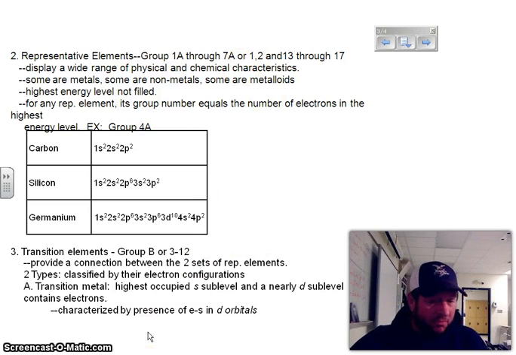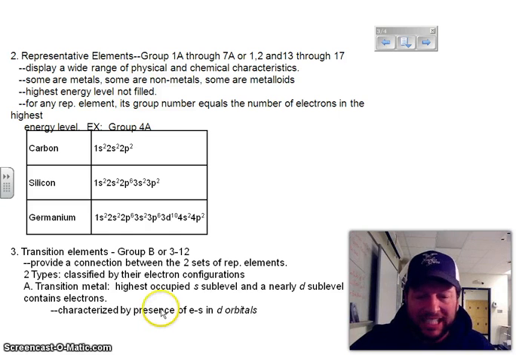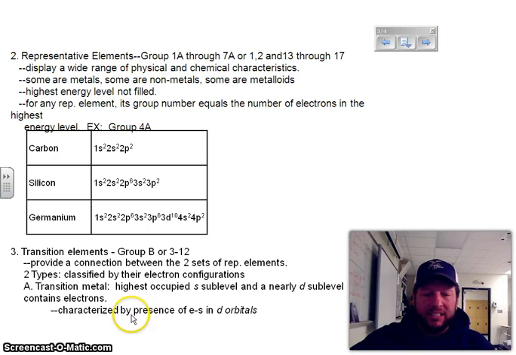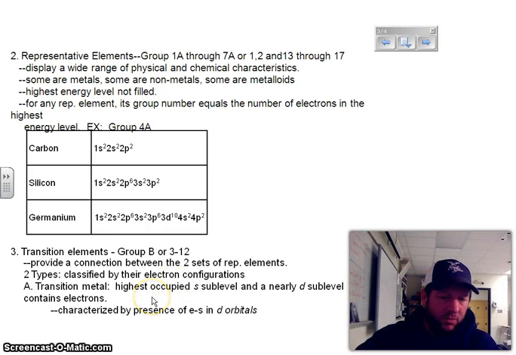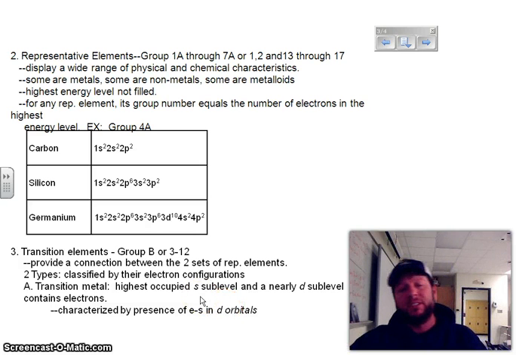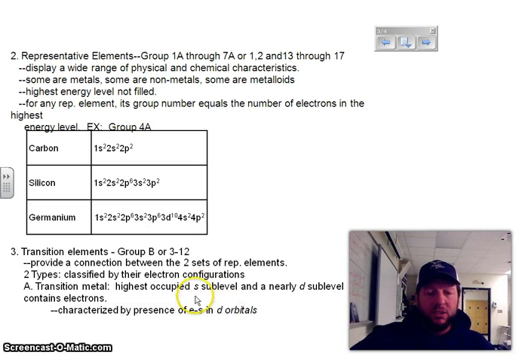The transition metals have the highest occupied S sublevel and a nearby D sublevel containing electrons, and they are characterized by the presence of electrons in the D orbital. So if I asked you, student, I have an element that has electrons in the D orbitals, you're going to tell me it's a transition metal. Okay?